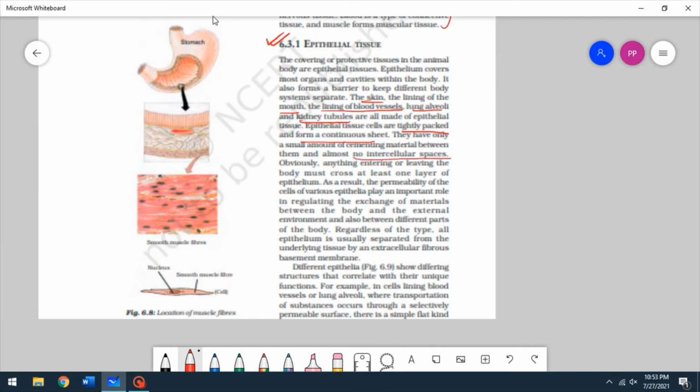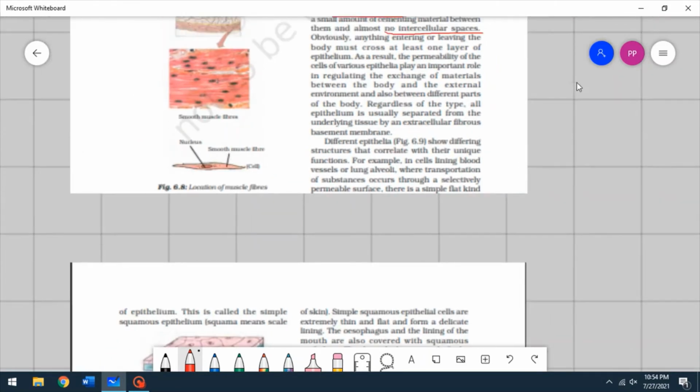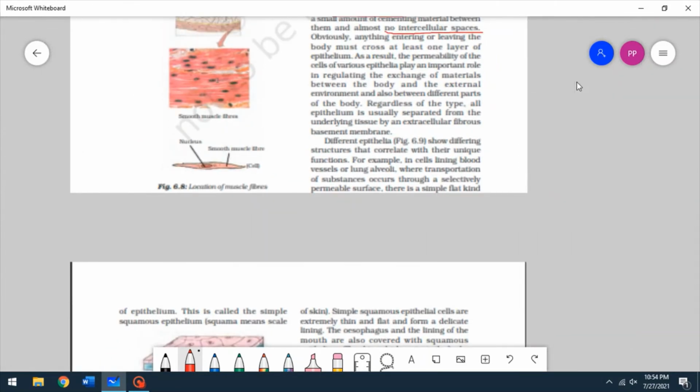Obviously, anything entering or leaving the body must cross at least one layer of the epithelium because most of our body has the skin, right? And a kind of epithelial tissue is the skin. So it must cross at least one layer of epithelium, and as a result, the permeability of cells of various epithelia, that's the plural of epithelium, play an important role in regulating the exchange of materials between the body and the external environment, and also between different parts of the body.